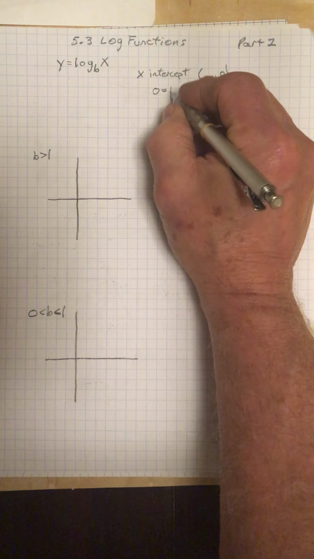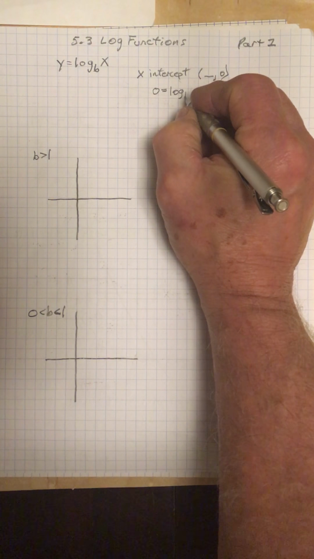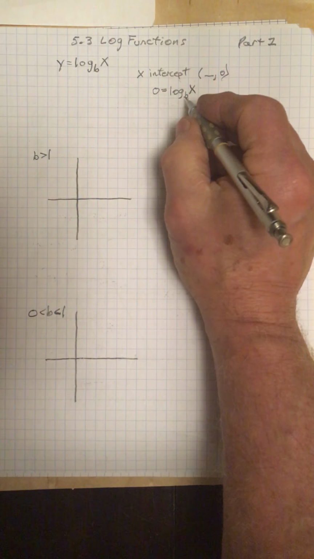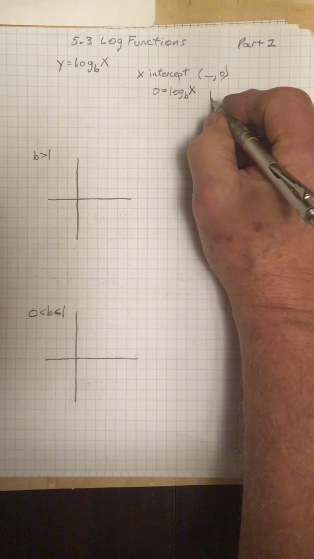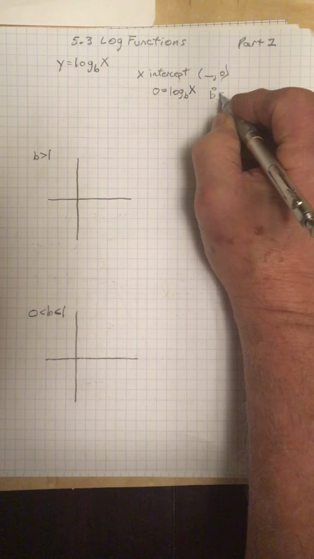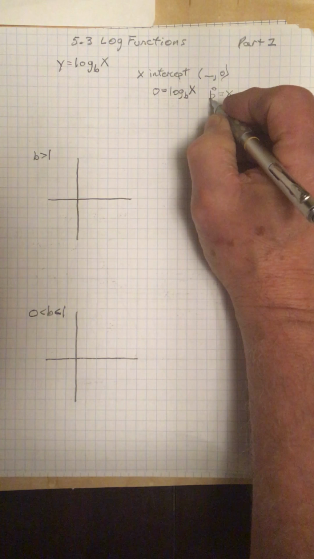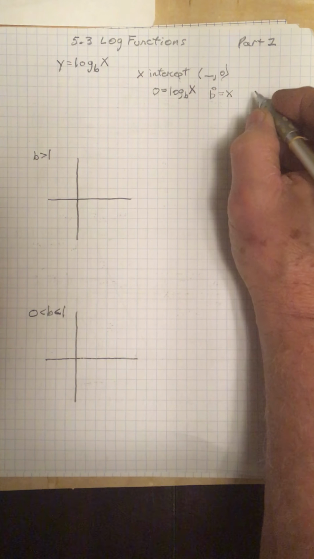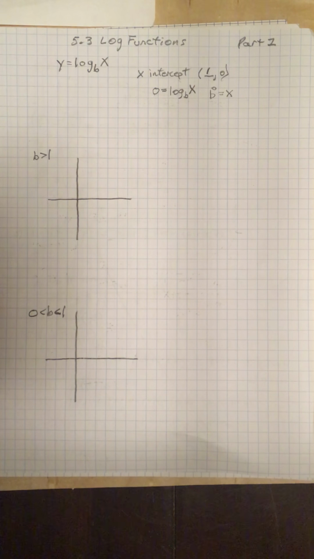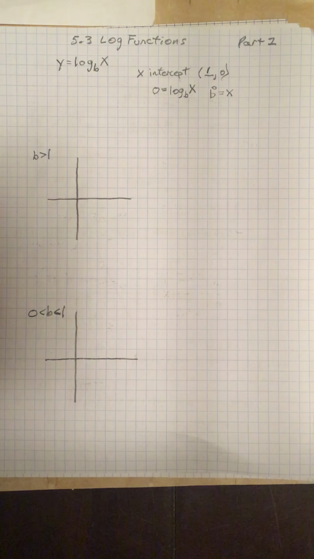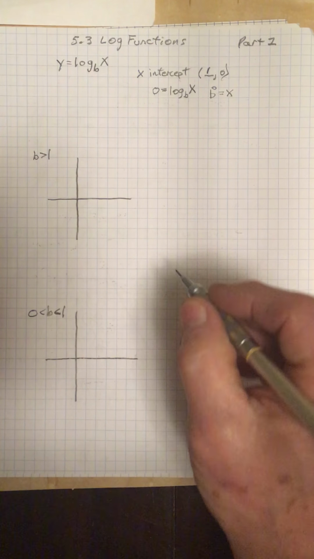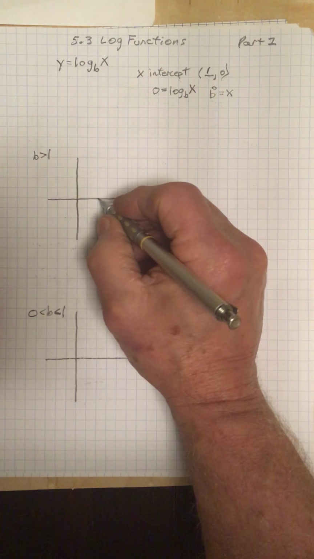What does x equal? Okay, so we do our conversion. Base to the exponent equals the number, but a base to the 0 power always equals 1, so x equals 1. So all graphs, regardless, share the point (1, 0) on the x-axis.